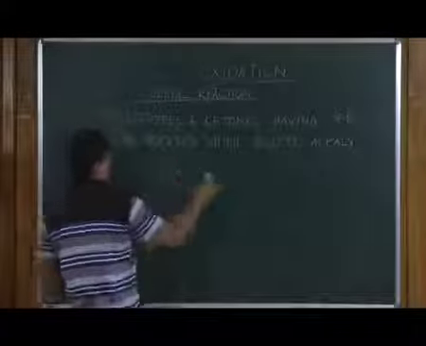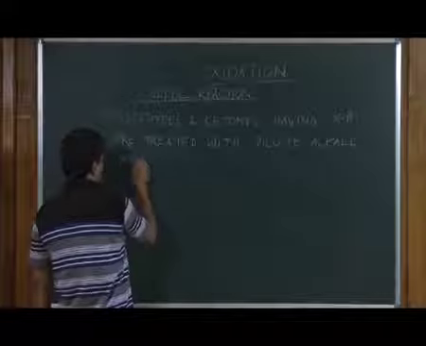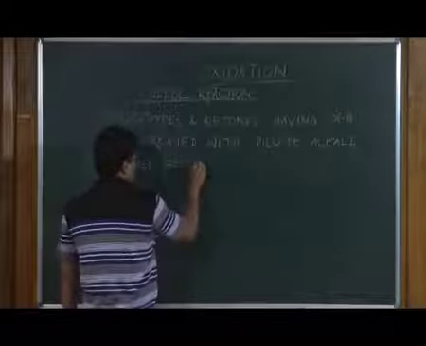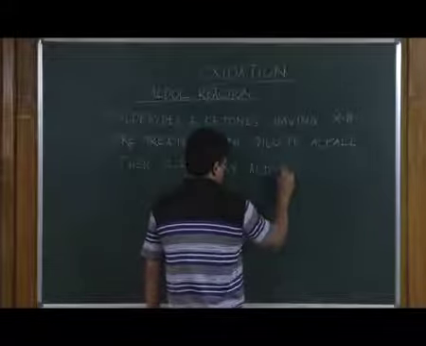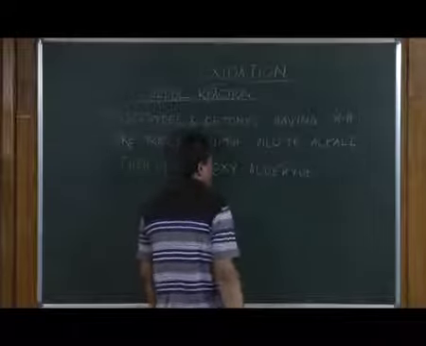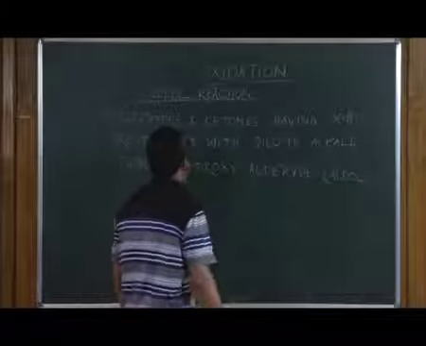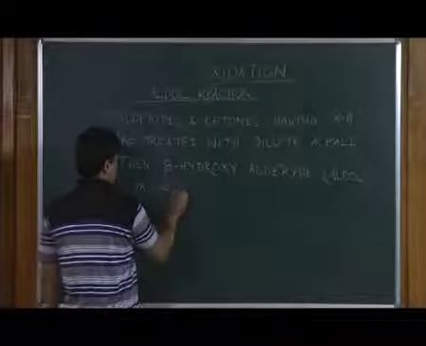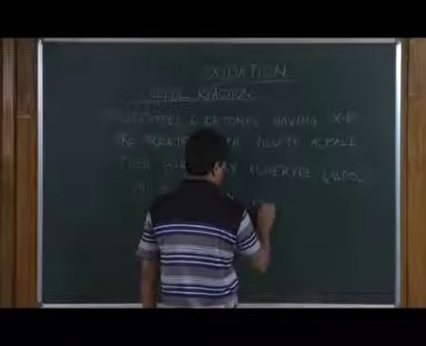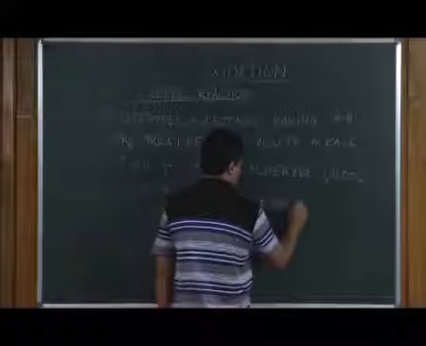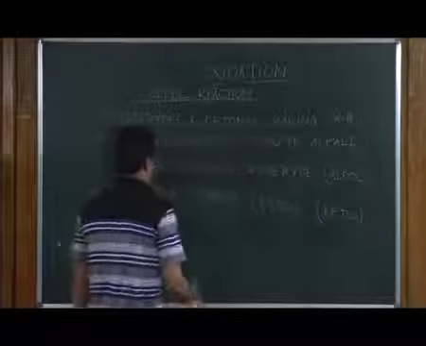then a beta hydroxy carbonyl compound, beta hydroxy aldehyde, that is called aldol, or beta hydroxy ketone, which is called ketol, is formed.